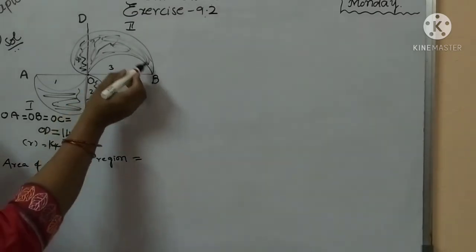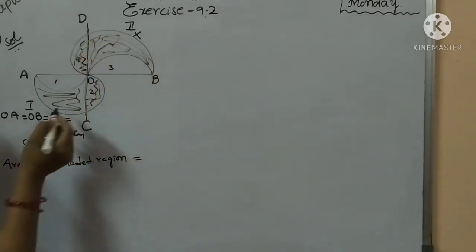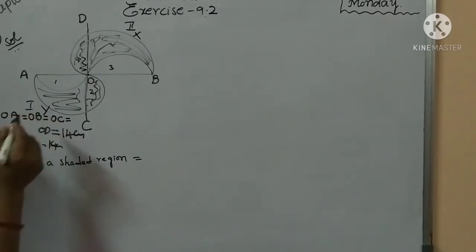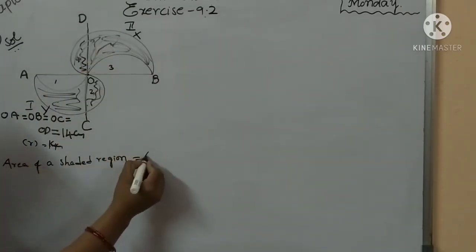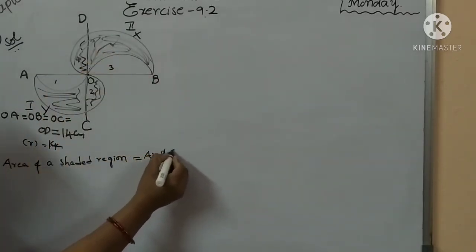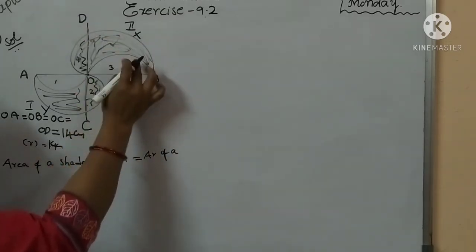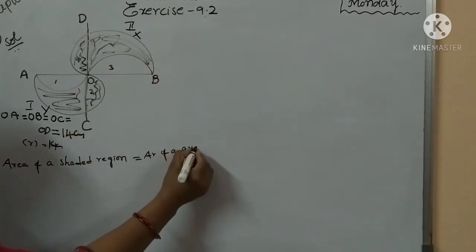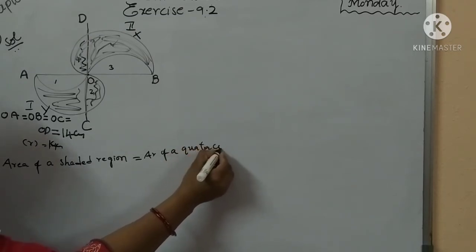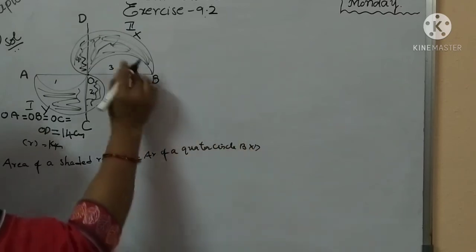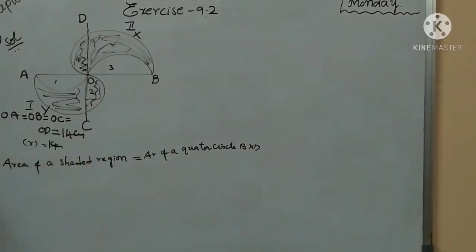So here it is a quarter of X and it is Y. Okay, understand that? First, area of the quarter circle BXD.